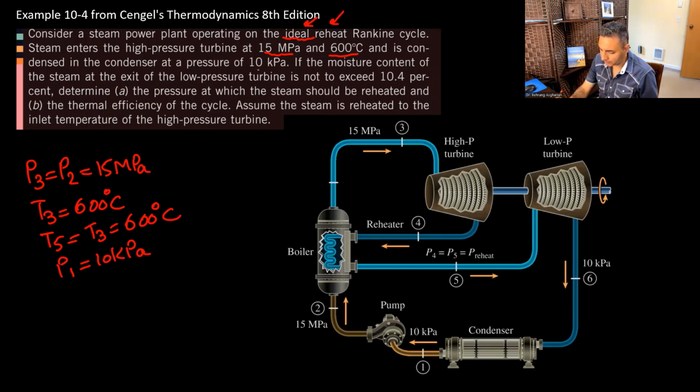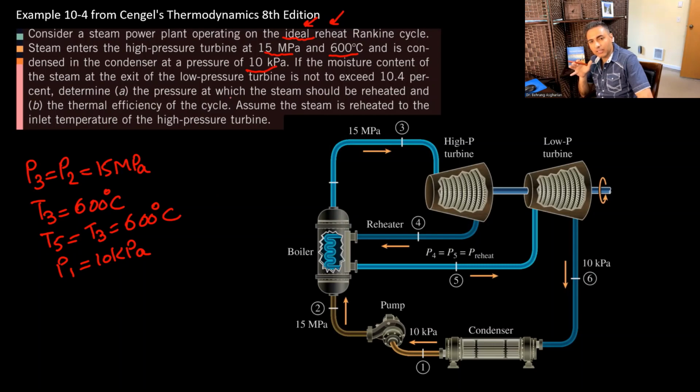I can see it here, and it says if the moisture content of the steam at the exit of the low pressure turbine is not to exceed 10.4%, then solve this cycle, which means to look for the efficiency of the cycle, and it in fact wants you to find that P4.